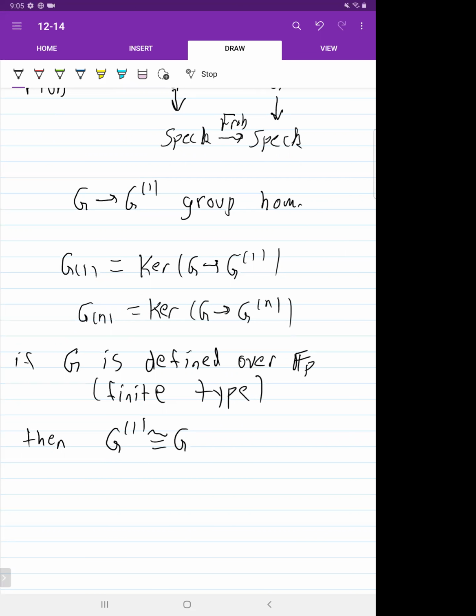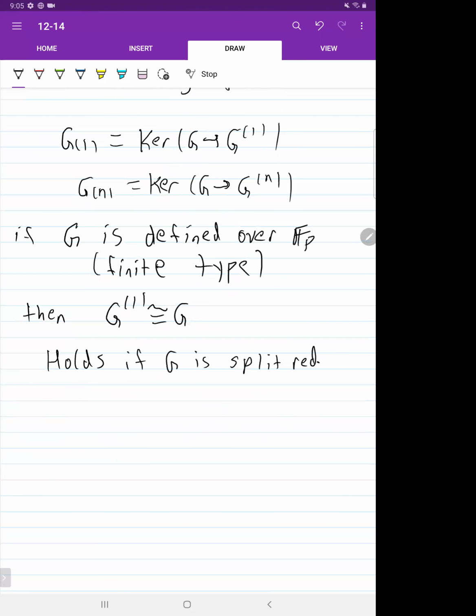And you can basically think of this relative Frobenius as just being the pth power on coordinates. This holds, for example, if G is split reductive. Some examples: if I take Gm, then the nth Frobenius kernel is just the group scheme of the p^n-th roots of unity.